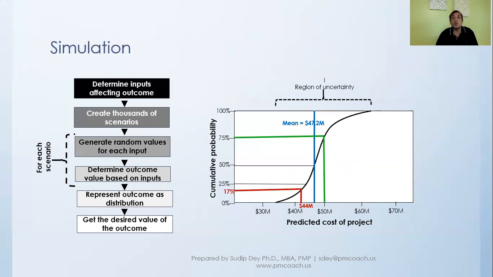So this is how we come out of the simulation: we put all these thousands of scenarios together and come out with this probability distribution curve, which tells us the range for the predicted cost of the project. Essentially, we have taken in the uncertainty from all the different sources we identified in our project.